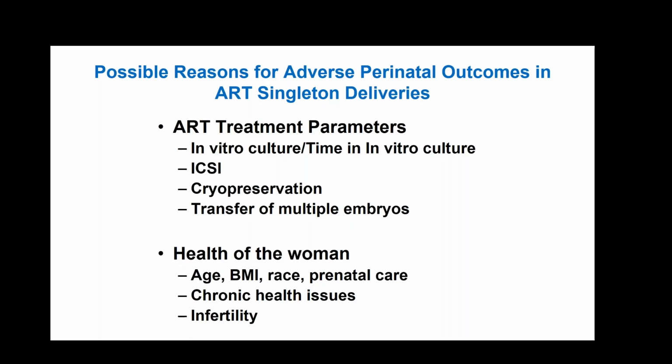But there are other factors that could contribute to ART outcomes, and these include underlying disease, chronic health issues in women, and potentially the infertility itself that led to the use of ART to begin with.